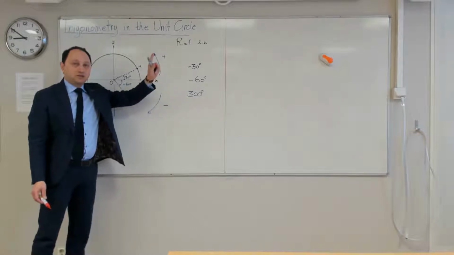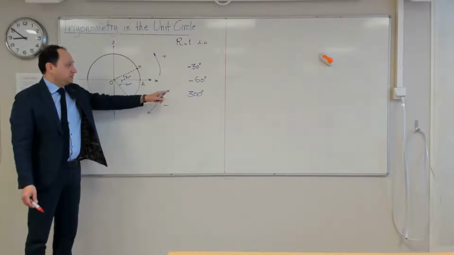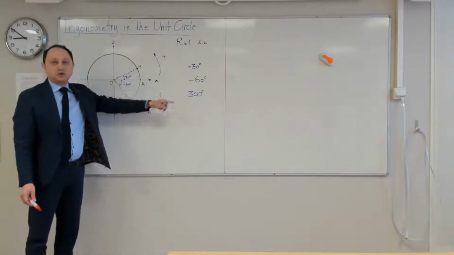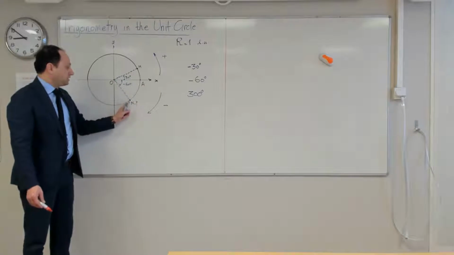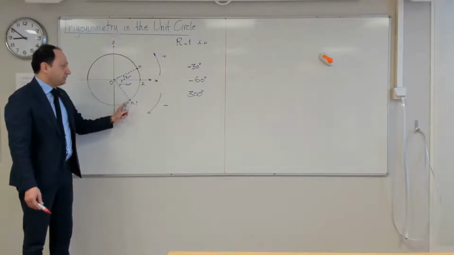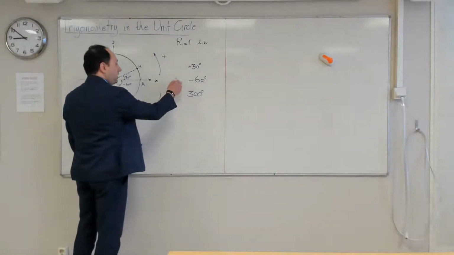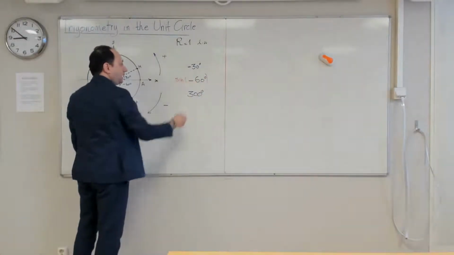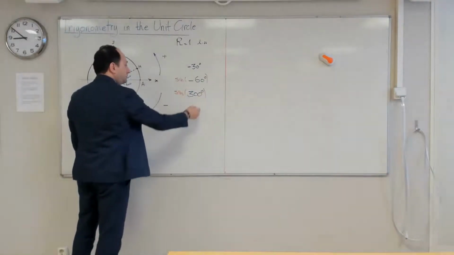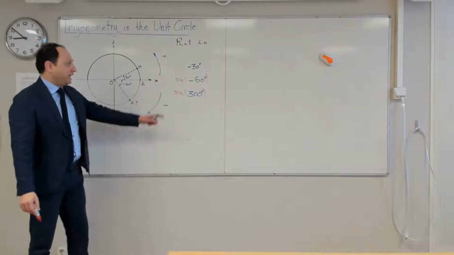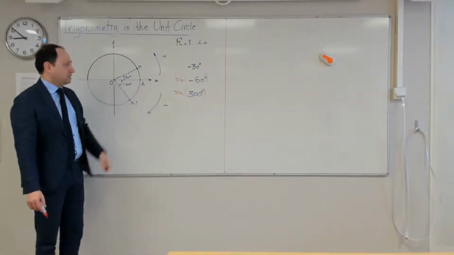But what matters in the future is the final location of the point corresponding to those angles. Hopefully you agree with me, both of them will be on the same point. Later, we will see that if you calculate the sine of this negative angle, for example, it becomes exactly equal to the sine of this angle. So the angles are quite different, but what matters is the final point. I will discuss that.